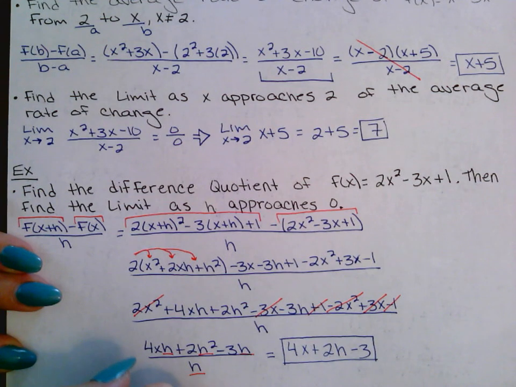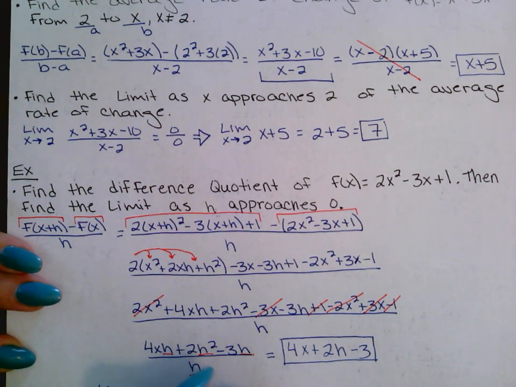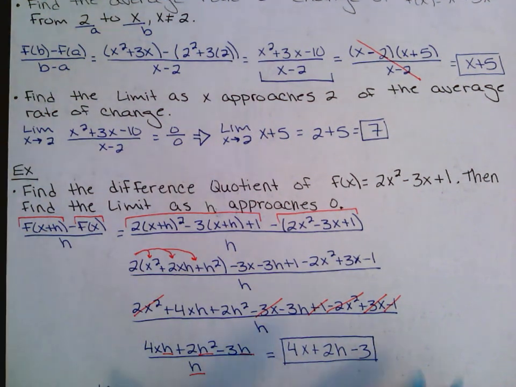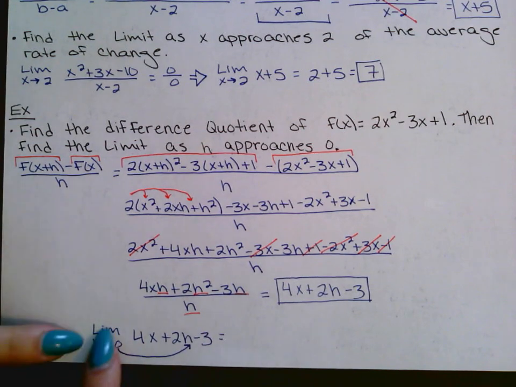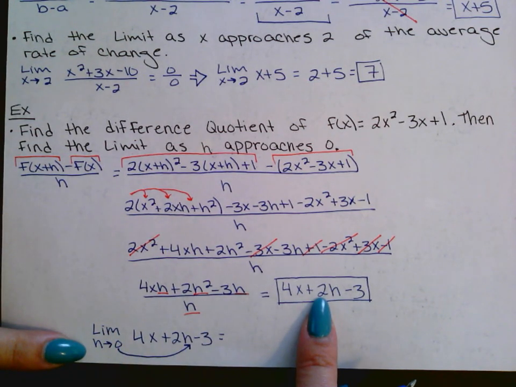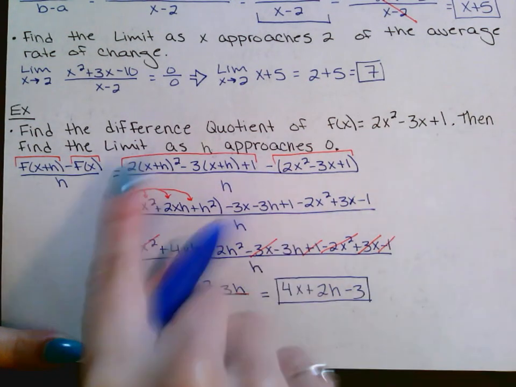So now the last part is the limit as h approaches 0 of 4x plus 2h minus 3, which means I'm only plugging the 0 anywhere there's an h. Notice this is not an x, so I cannot plug it there. Oh, I just noticed you can't see what I'm writing. All right, so I'm doing the limit as h approaches 0 of this function, according to part 2 of this question.